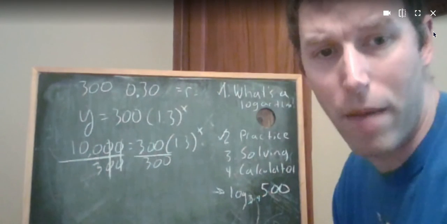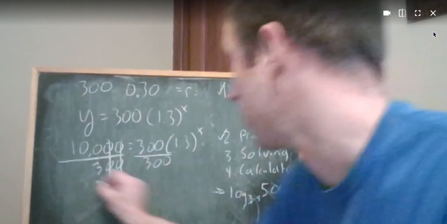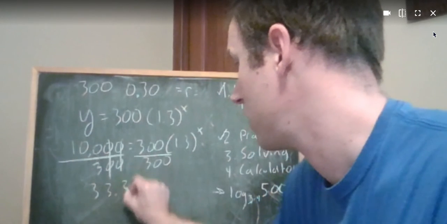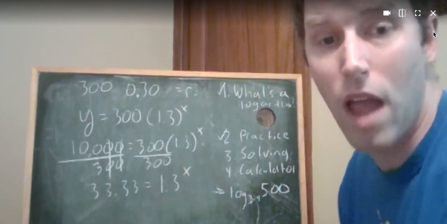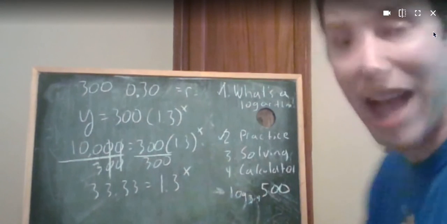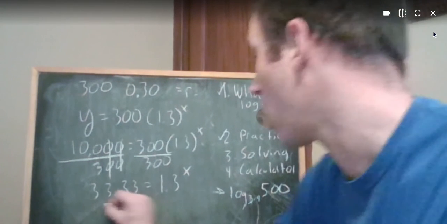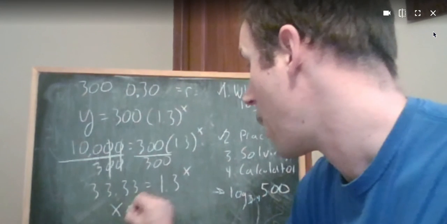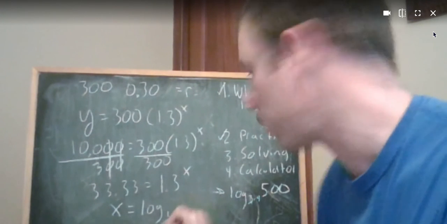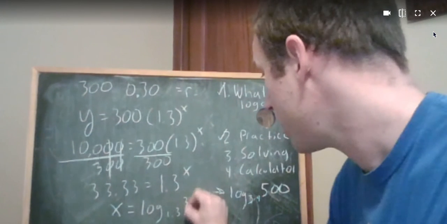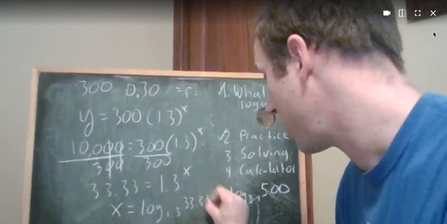That's 100 divided by 3, or 33.33, equals 1.3 to the x power. And then lastly, I need to get that x out of the exponent, so I'm going to rewrite that logarithmically. X equals the log base 1.3 of 33.33.